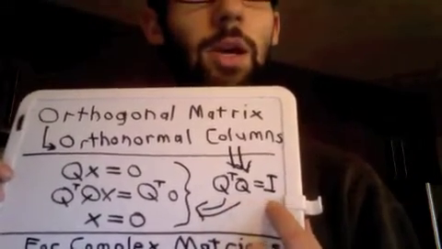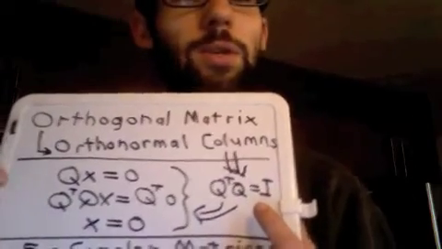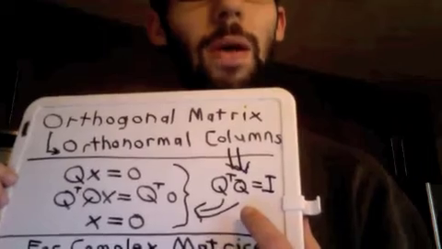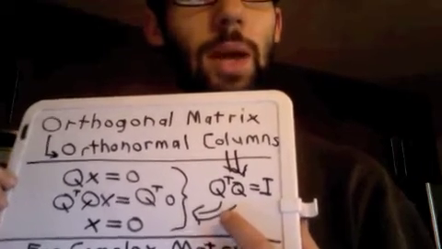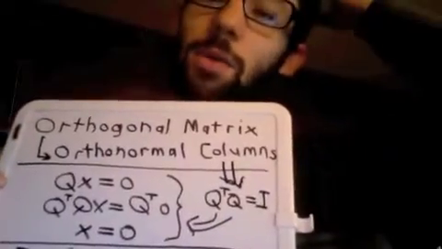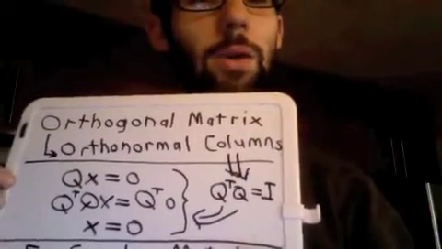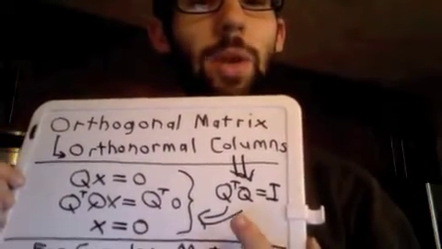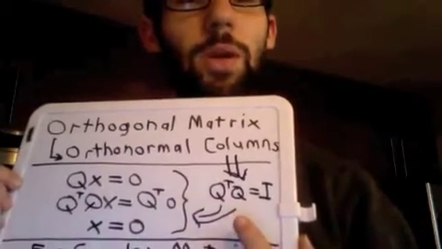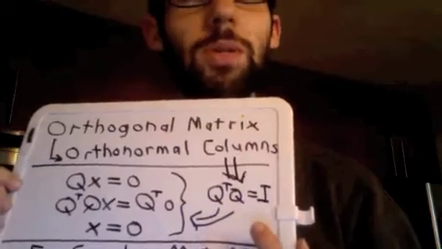This is like an equation that represents the definition of an orthogonal matrix. A matrix is orthogonal if its transpose times itself gives the identity. Another way to say that is a matrix is orthogonal if its transpose forms a left inverse.